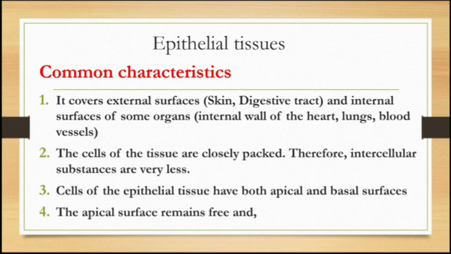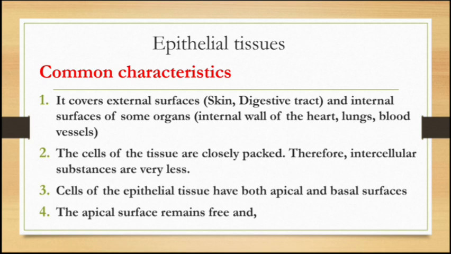Internal surfaces are also lined. What are the internal surfaces? For example, the internal walls of the heart chambers, lungs, alveoli, and blood vessels are internal surfaces. So, epithelial tissues cover the external surfaces and internal surfaces.